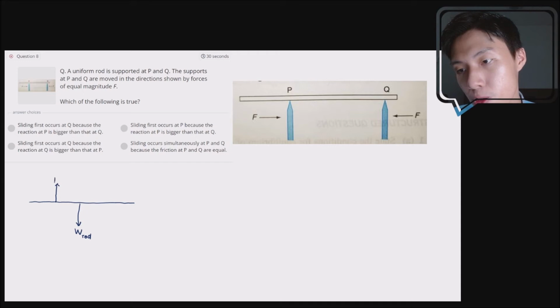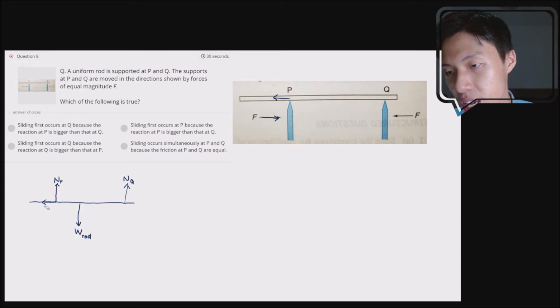This is the normal force exerted at point P. This is the normal force exerted at point Q. Of course, there will be friction. When you're pushing it with force pointing to the right, there will be friction pointing to the left. So this is the friction.